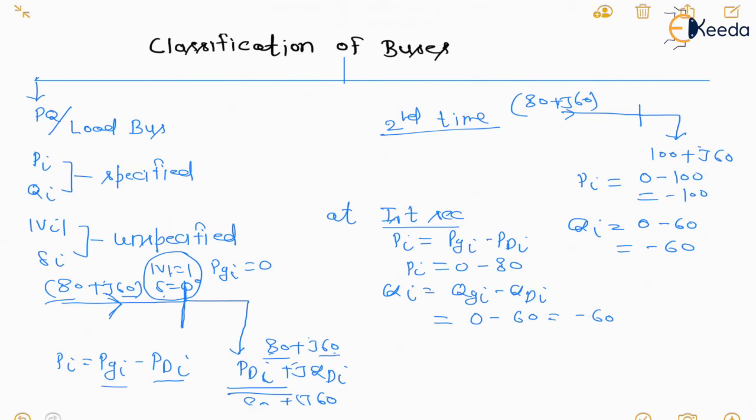So after changing the load, Pi and Qi are still specified. So we can say that if after changing the load, Pi and Qi are still known numerical values and we do not need to calculate them, then this bus will be called a specified bus.